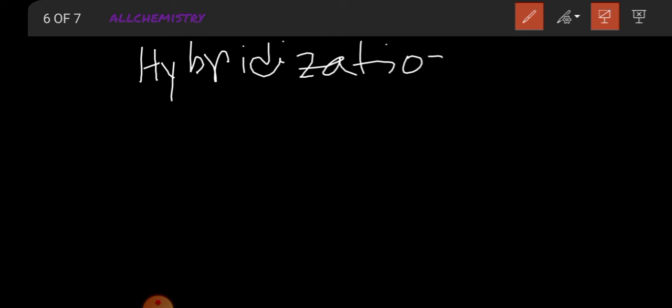Before going to that, I would like to say something about hybridization. Suppose here is sp3 hybridization of carbon. How do we see this? Carbon has 2s and 2p.